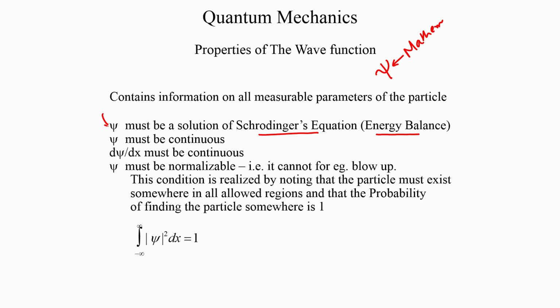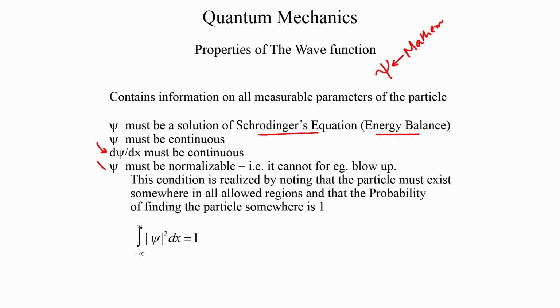The second condition is that the wave function must be continuous. You cannot have discontinuities in the probability of finding a particle in one region to another. The third is that the first derivative of the wave function with respect to space must also be continuous, because this is connected to the momentum of the wave particle.